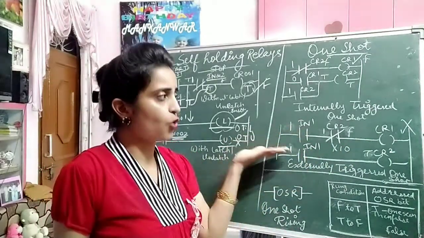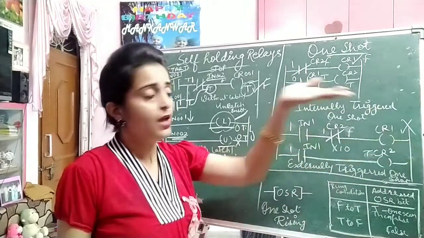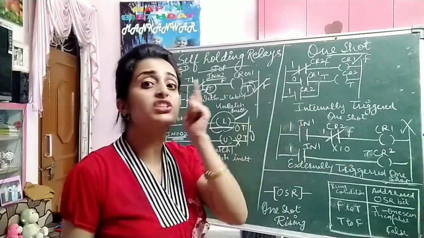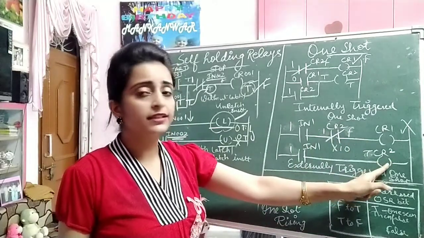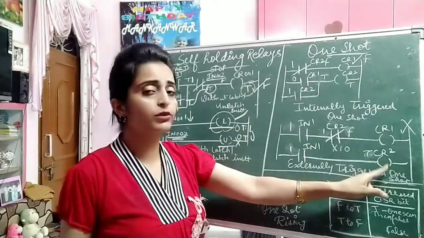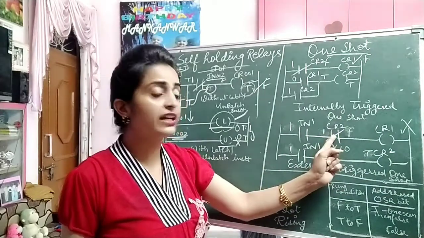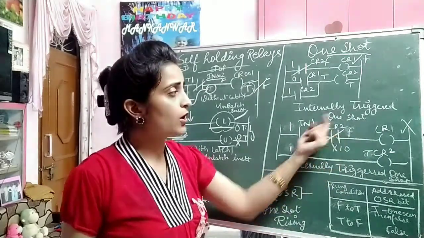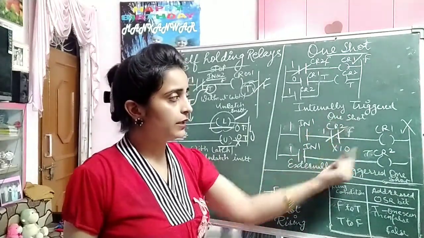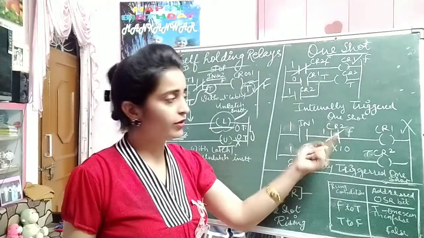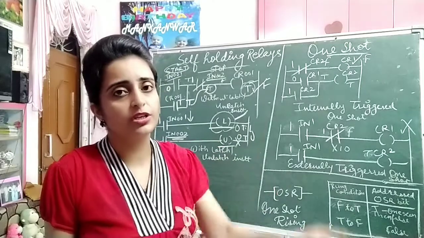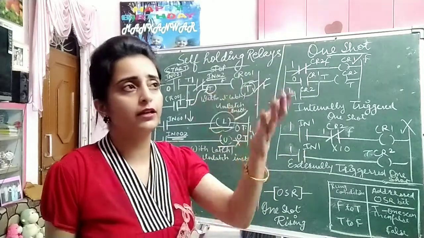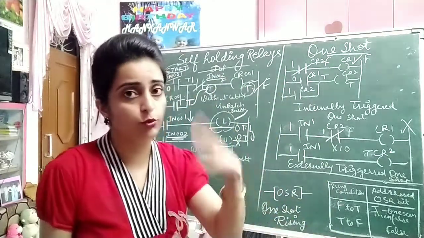Initially the switch was off, at that time CR1 was on, but whenever we turned on the switch even once, because of this CR2, the second output that we have logically connected in the first rung, CR1 will not change its position for more than one cycle.